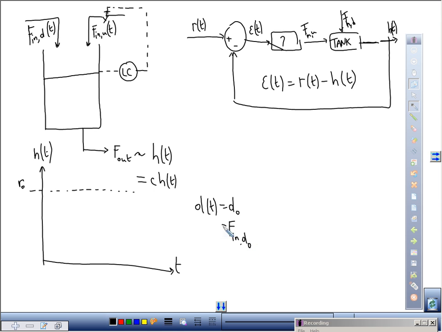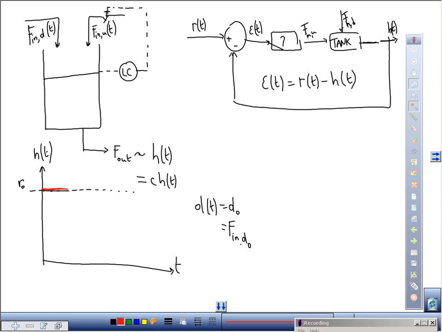Both are different notations for the same thing. And suppose or assume that at a given moment in time, the level is exactly equal to the desired level. Maybe put the level in red, if that's still possible. Yeah, well, a little bit.